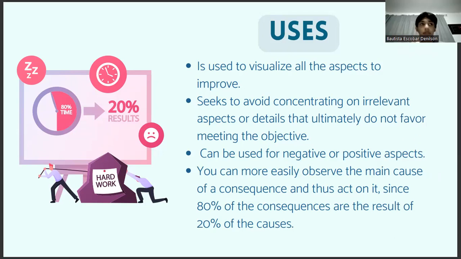Also, the Pareto diagram is used to visualize the most common aspect to improve in a business, in a process, and also the performance of the machine. And the Pareto diagram can also be applied to different aspects, such as positive and negative.